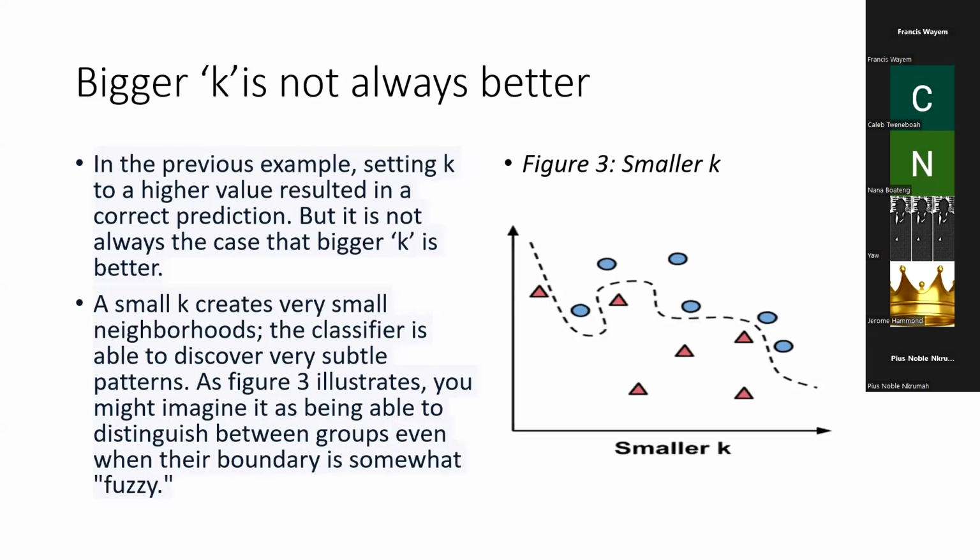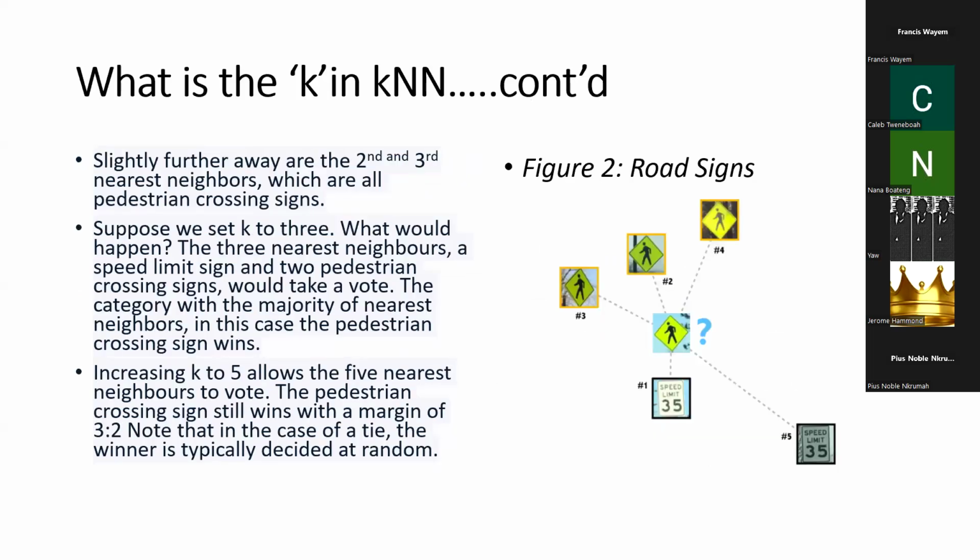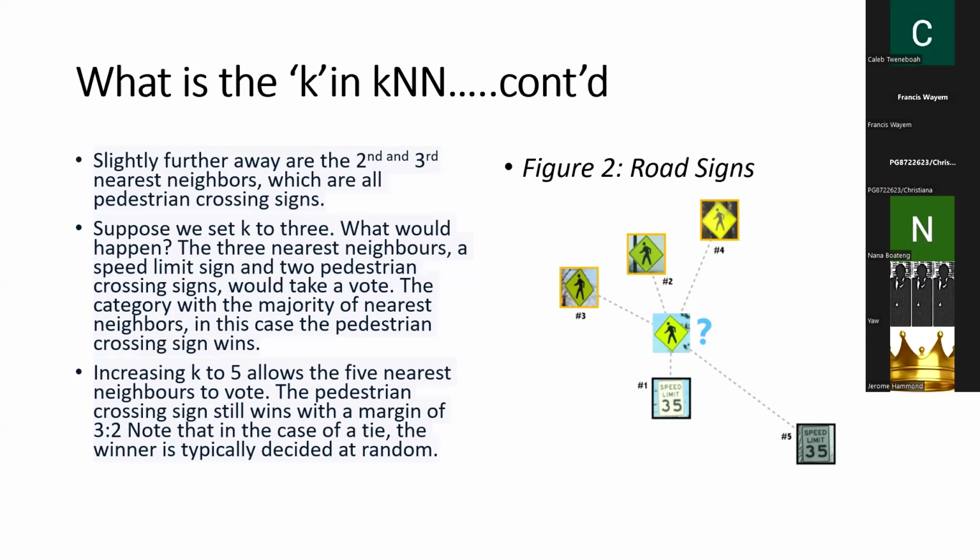In the case where what the vehicle is looking at is the pedestrian in the middle, but it has 2 speed limits and 1 pedestrian to compare with, does it compare it with the highest, which is the speed limit? No, it looks at the majority of the votes. So we have 2 speed limits, 1 pedestrian, so in that case, it's going to classify as speed limit.